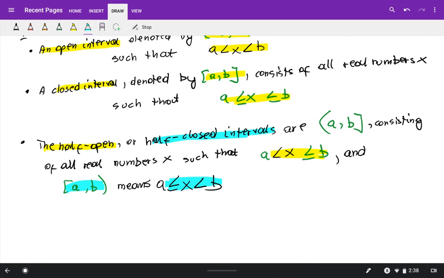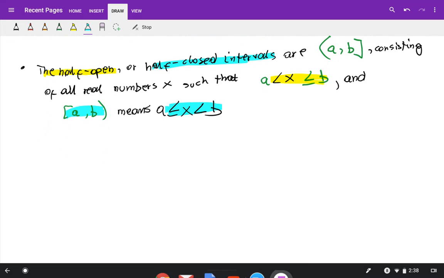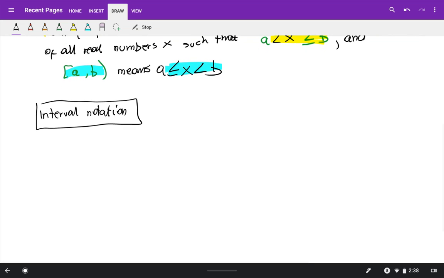Let's go back. Next I'm going to give you the interval notation, and I'm going to show you how to graph it. I'm going to create a table where we have the interval, and then I'm going to give you the inequality that matches that interval.